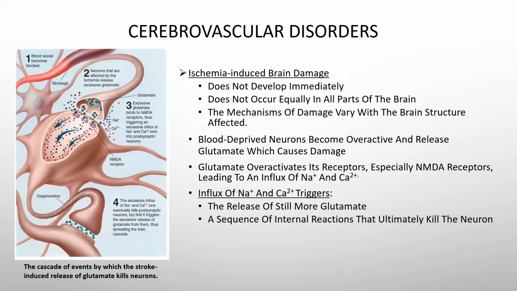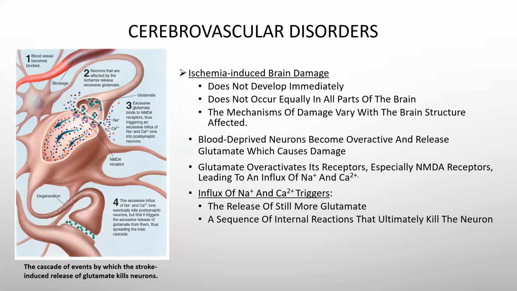So in the figure on the left-hand side, you see number 1, blood vessel becomes blocked. Number 2, neurons that are affected by the ischemia release excessive glutamate. Number 3, excessive glutamate binds to NMDA receptors, thus triggering an excessive influx of sodium and calcium into the postsynaptic neurons. And then finally, number 4, the excessive influx of sodium and calcium eventually kills postsynaptic neurons, but first it triggers the excessive release of glutamate from them.